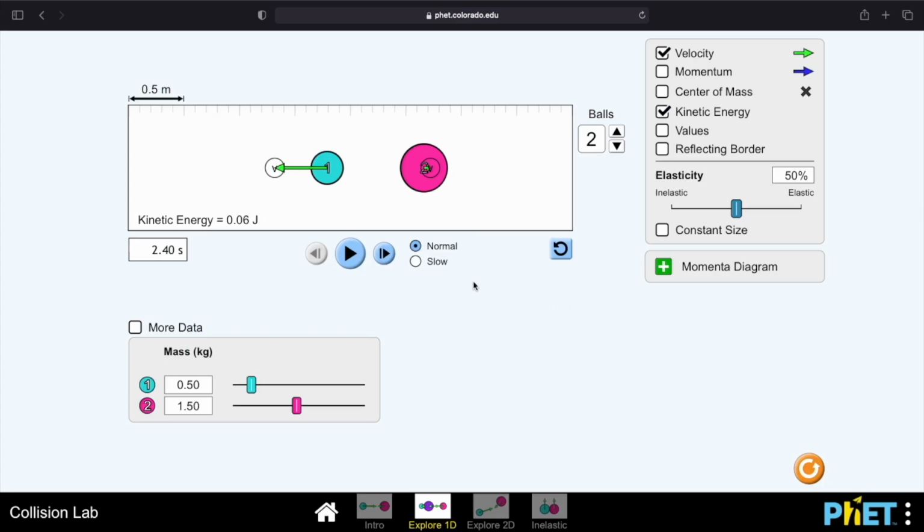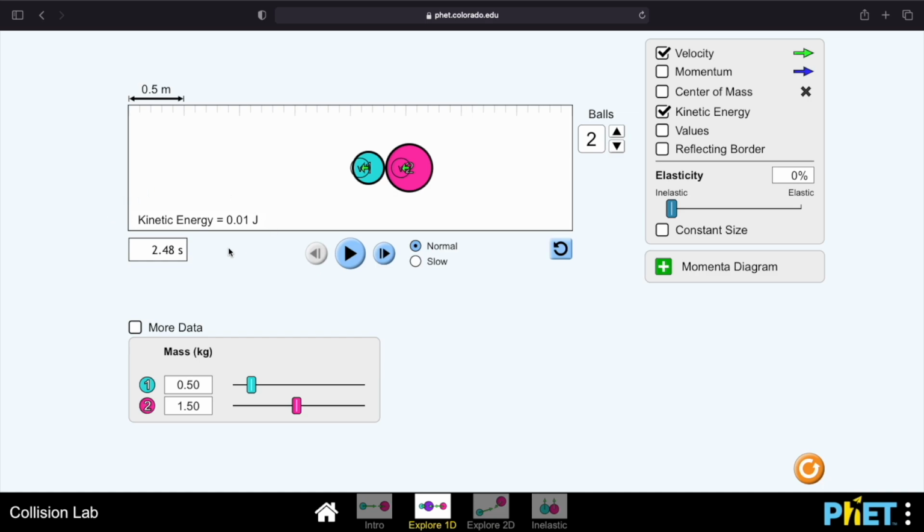So now we go back to the simulation. What if we decrease the elasticity to 0%, which means 100% inelastic collision? Okay, let's see what will happen. As you can see here, the balls stick together, or we can say they coalesce, which means they stick together to form one big particle instead of two separate particles, and they will move with the same velocity.